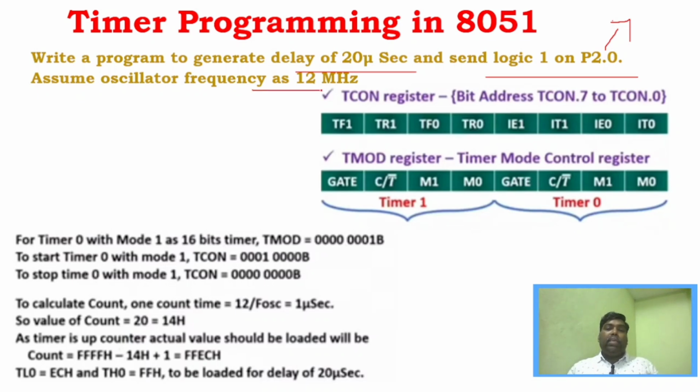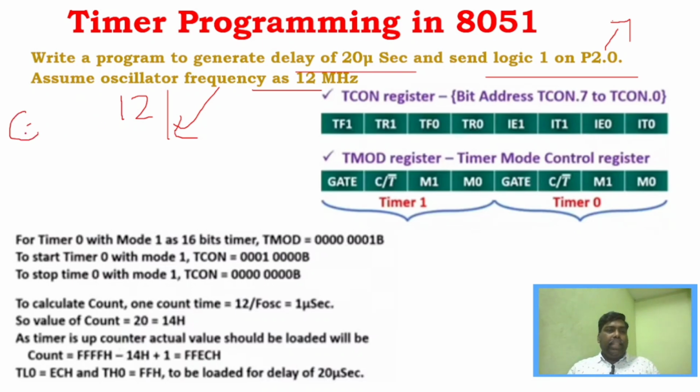Remember one thing: whenever we need to find out the count value, that is, the time of one count, we have to divide 12 by the given oscillator frequency. Normally, to find out the clock frequency, we divide the oscillator frequency by 12.